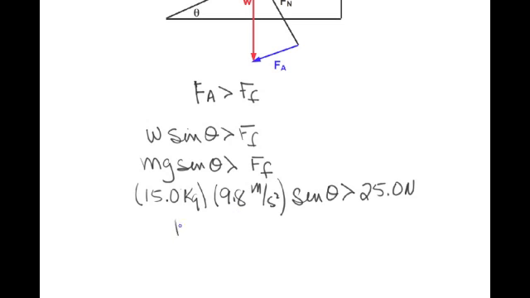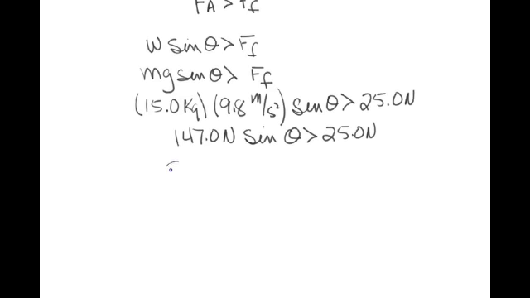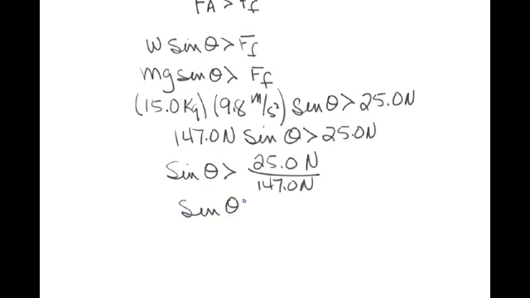Multiplying these numbers out, we get 147.0 newtons. 147 newtons times sine theta is greater than 25 newtons. Sine of theta is greater than 25 newtons divided by 147 newtons. Sine theta is greater than 0.17.